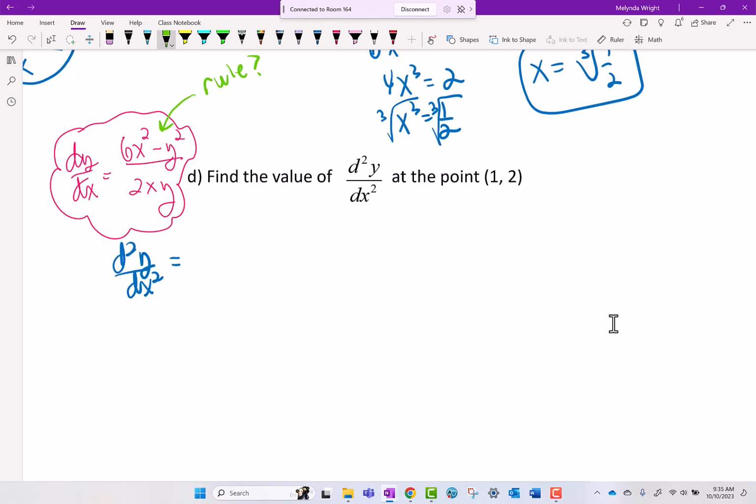We have to use quotient rule. No choice. And the quotient rule is f'g minus fg', first things first, second things second, over g squared. Okay, we got this. So the top is f. So I'm supposed to take the derivative of the top. The derivative of 6x squared is 12x.